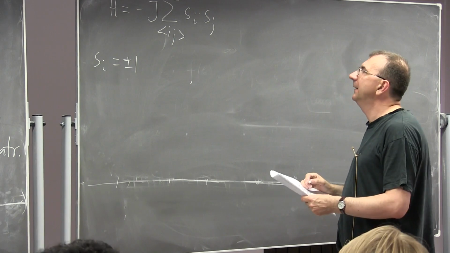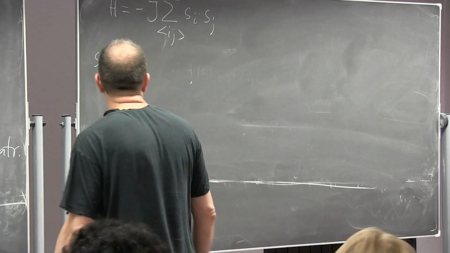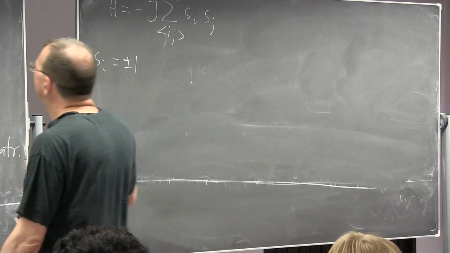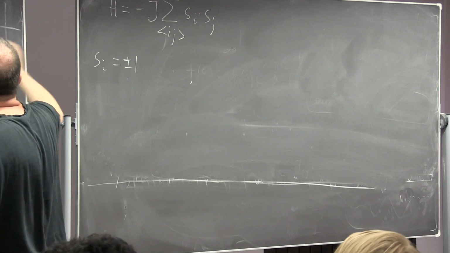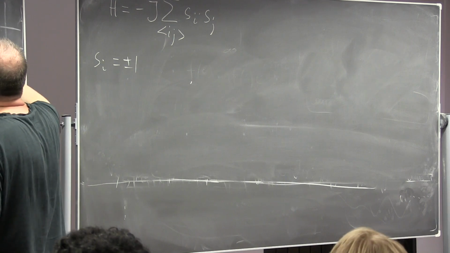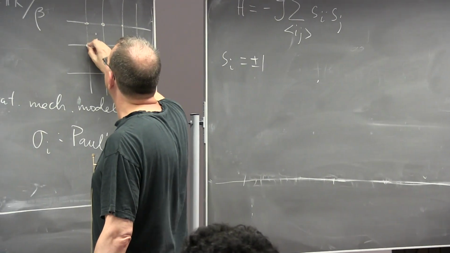A very simplified version of spins, but nonetheless, it's remarkably rich. You can think of a lattice again as a square lattice or a more complicated lattice, and these s_i's are sitting at the sites of the lattice, and they interact with all the neighbors.